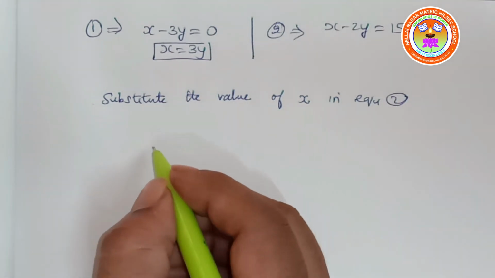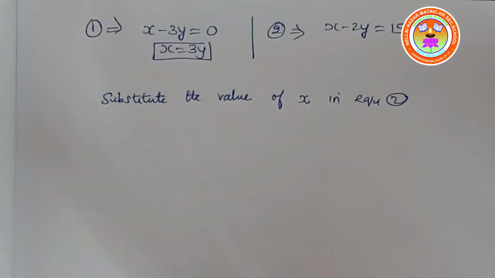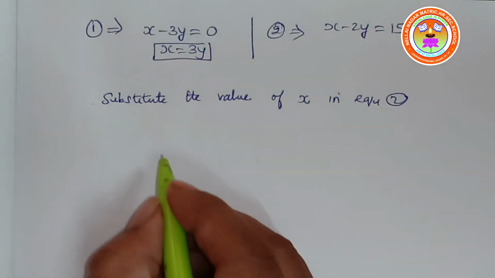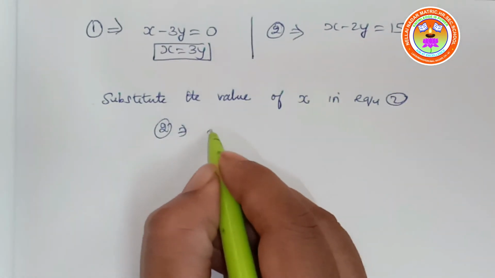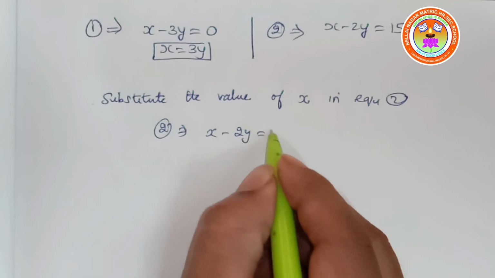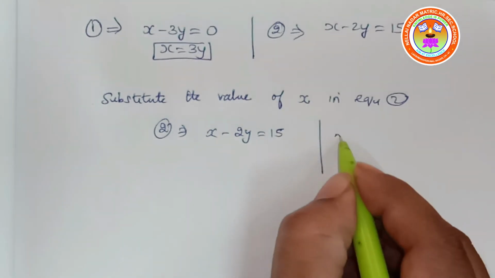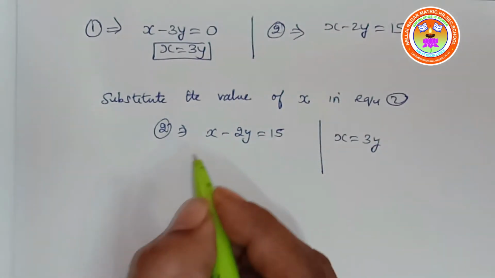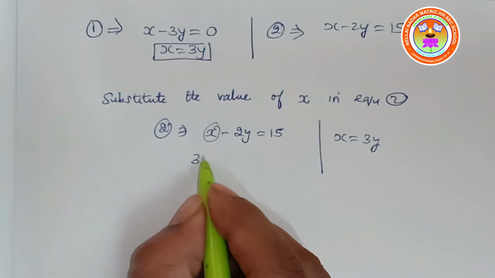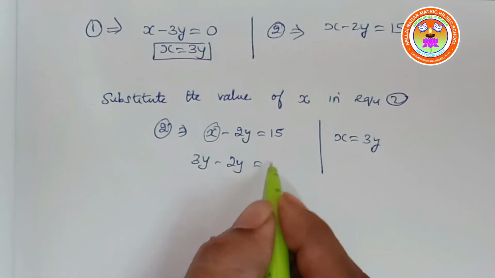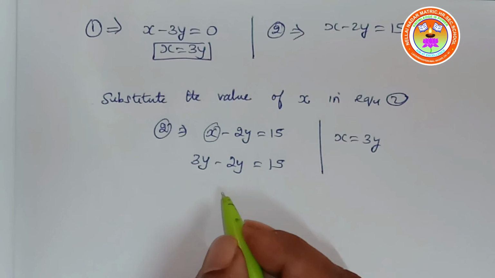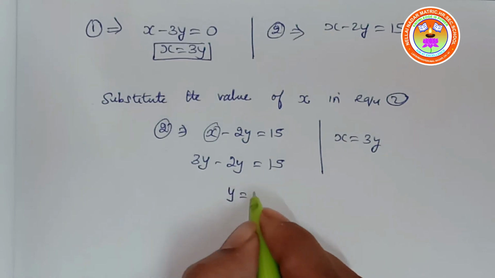Equation 2 is x minus 2y equal to 15. Now we know that x equal to 3y. In the place of x put 3y: 3y minus 2y equal to 15. 3y minus 2y is y, so y is equal to 15.